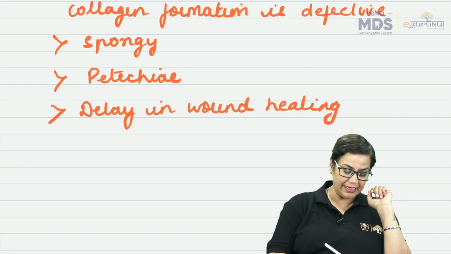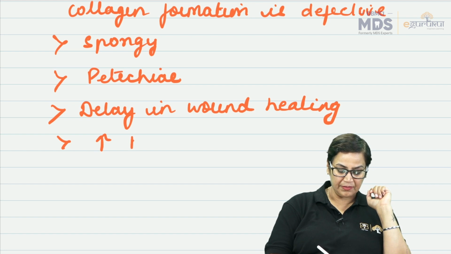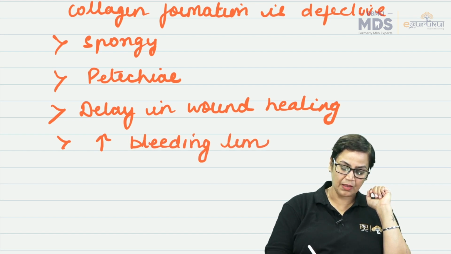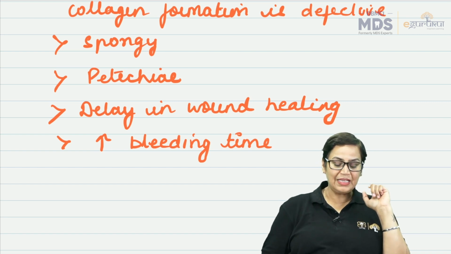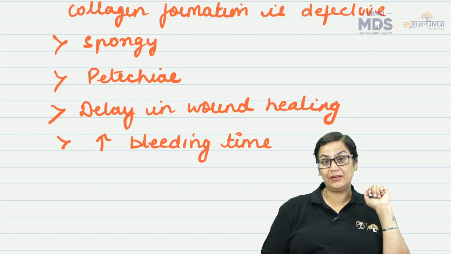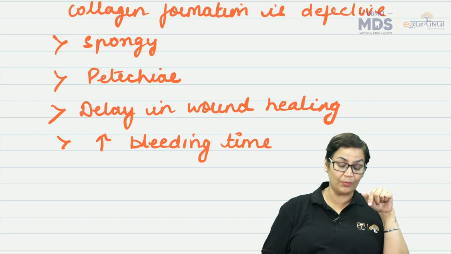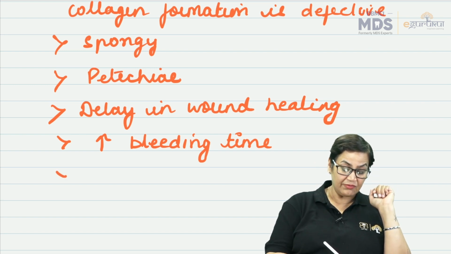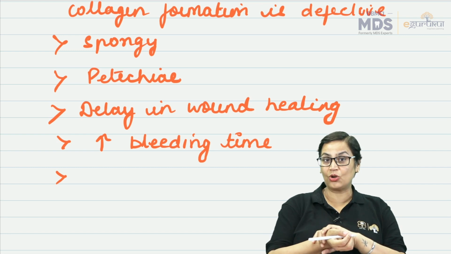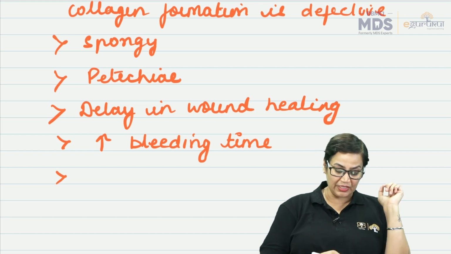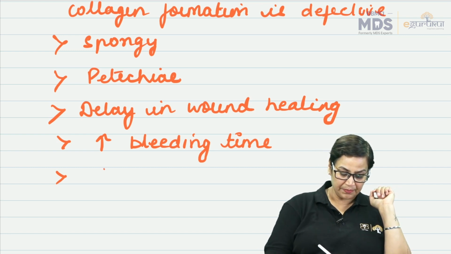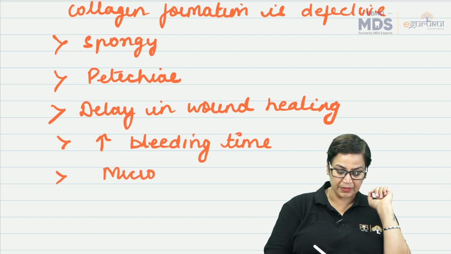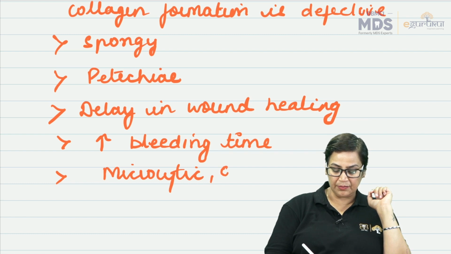Delay in wound healing and increase in the bleeding time is there, right? So these are some of the deficiency manifestations. Then one more I told you about, that since it increases the absorption of iron, deficiency of this will lead to microcytic anemia.